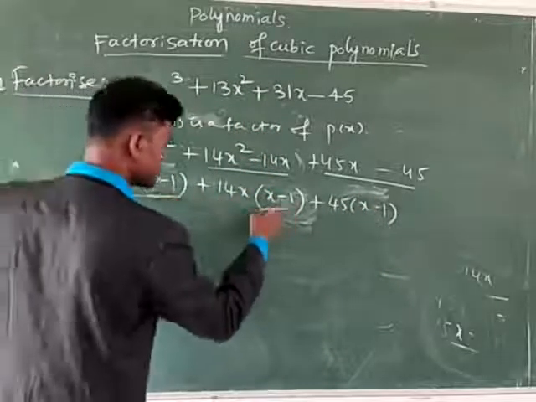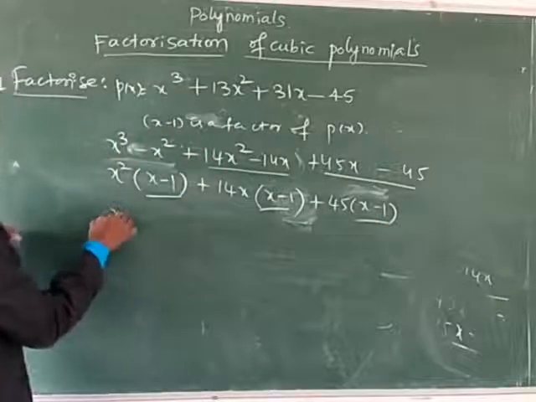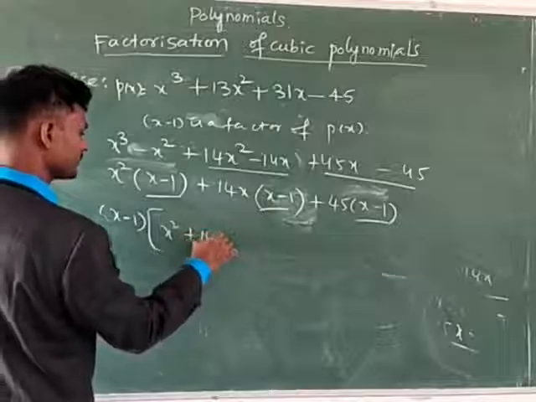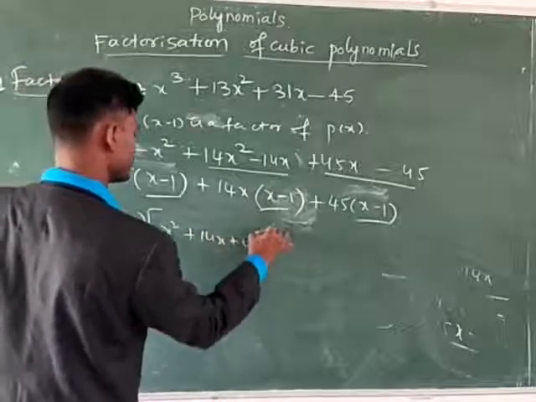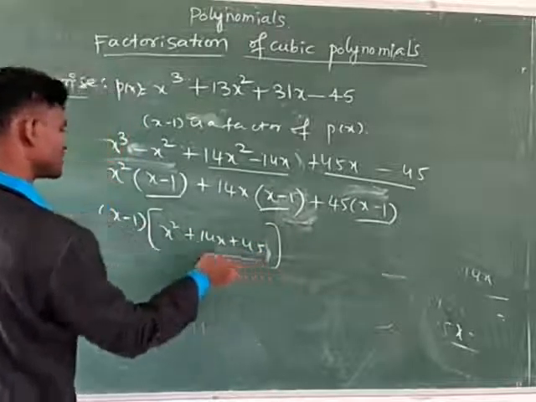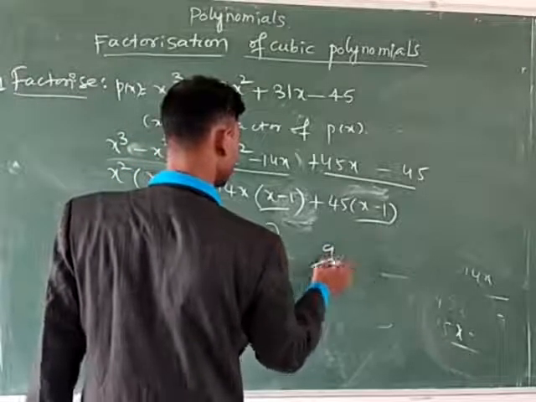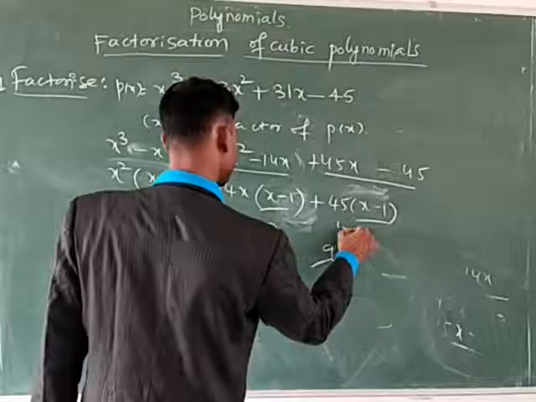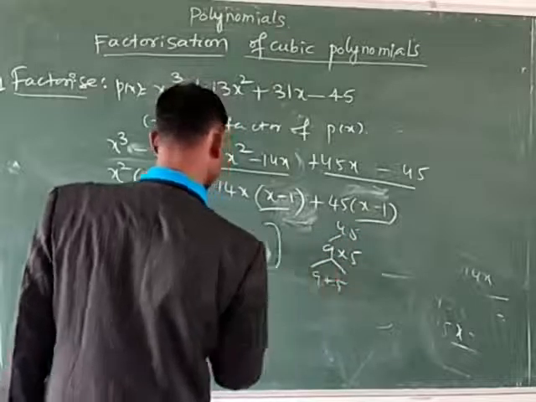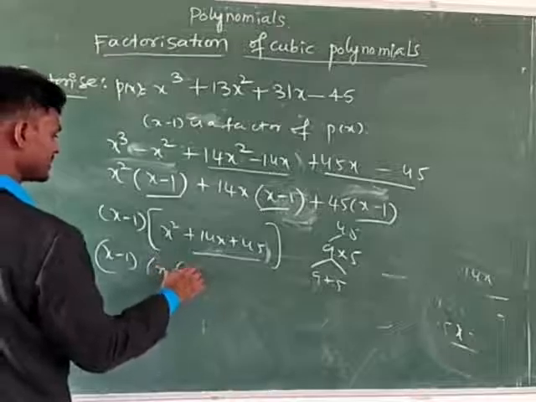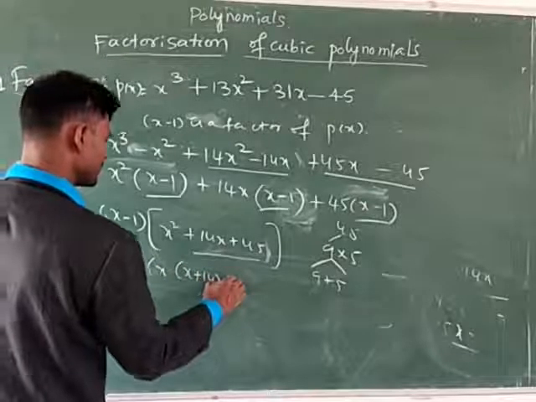Now x minus 1 is common to all terms, so you take it out. The remaining is x square plus 14x plus 45. Now you have to split the middle term. The constant 45 you already know is 9 into 5, and 9 plus 5 is the middle term 14.